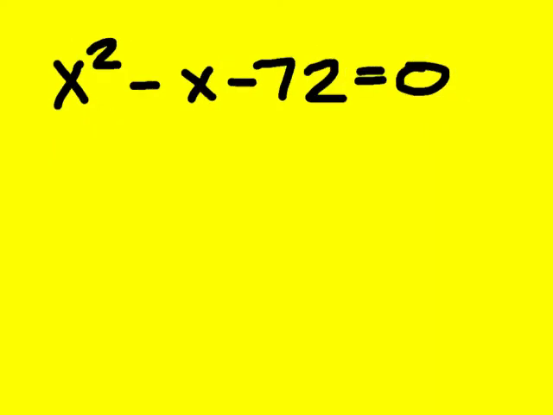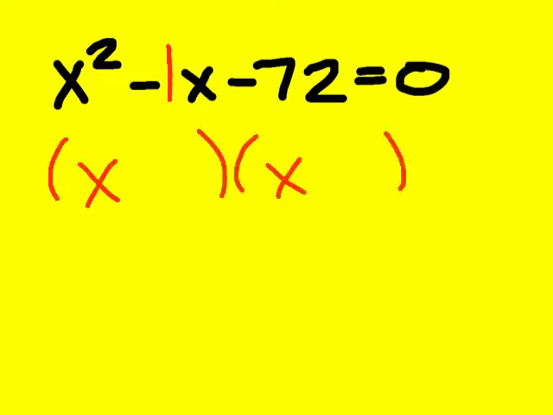Example number 3. The difference between the absolute value of the two factors has got to be 1. So what two numbers that are just 1 apart would multiply to get 72? 9 and 8. So now we have to figure out what the signs are. So we'll have a 9 and an 8.